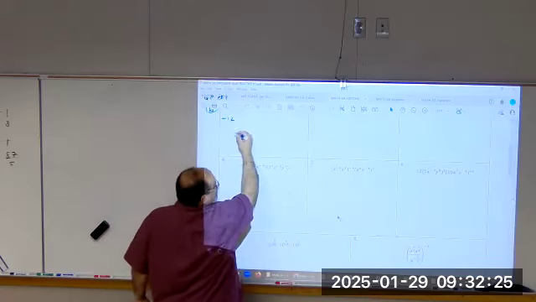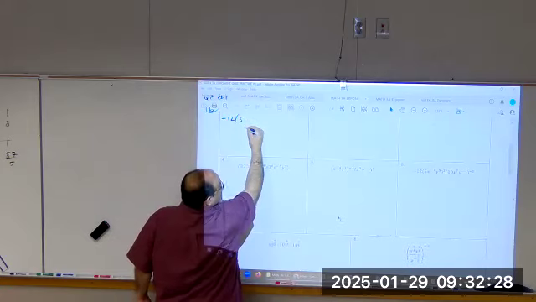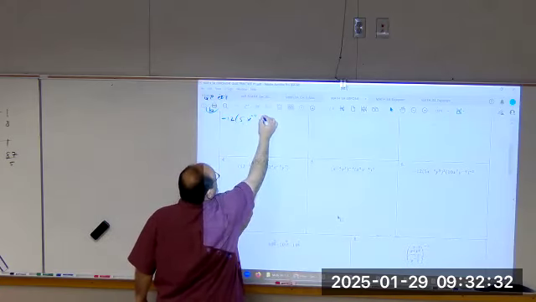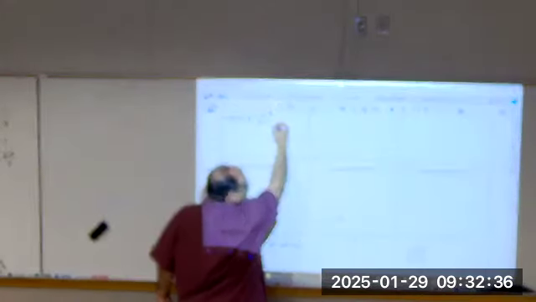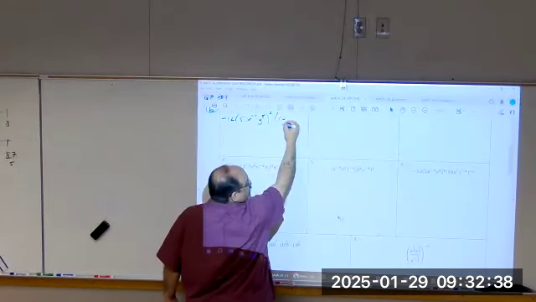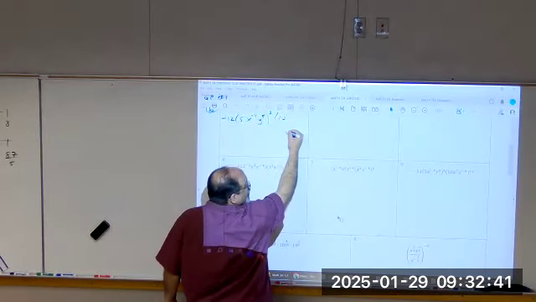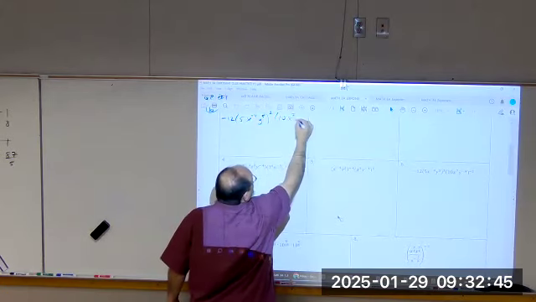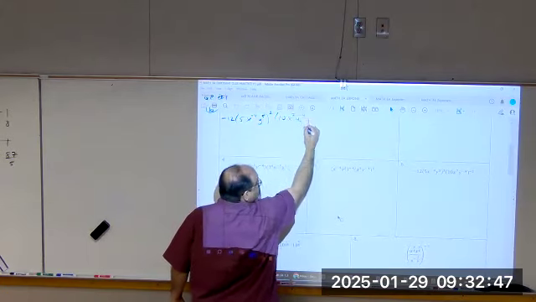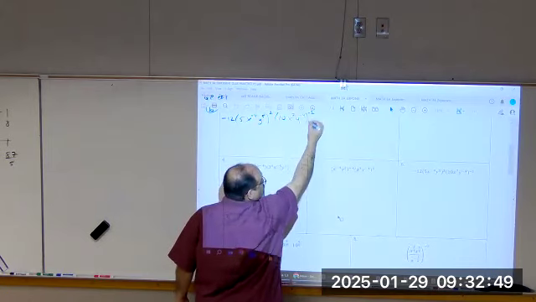Negative 12 times 5, x to the negative 4, y to the 5th, and then parentheses, that's the second, times 10, is in the parentheses, x to the 7th, y to the negative 4, the whole thing to the negative 2.